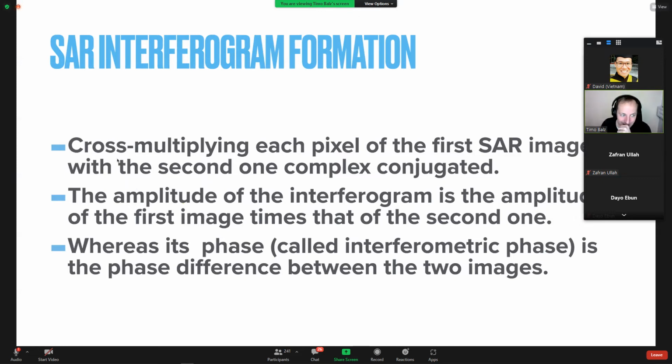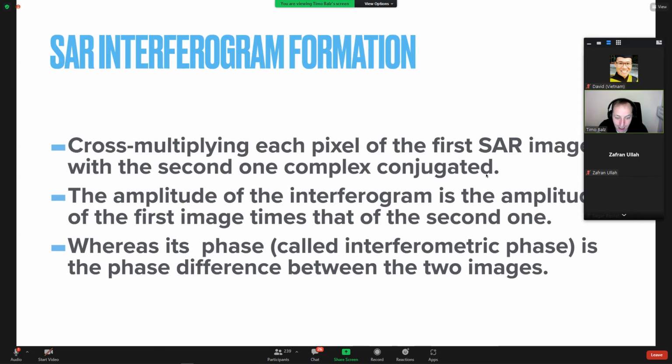Because cross multiplying with the complex conjugate, that's just a term from complex numbers. At the end, it means we multiply the amplitude of the first image times the second image, which we never really use anymore.